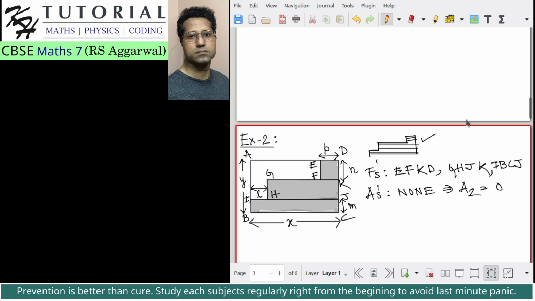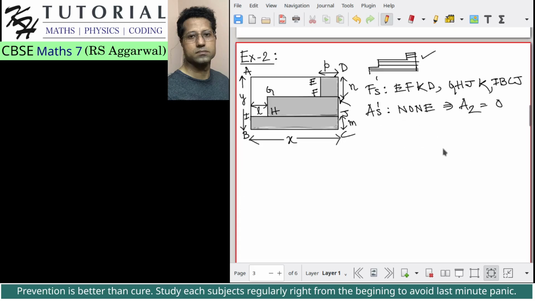What was A2? A2 was the sum of A into n minus 1, where A was the area of a sub-region and n was the number of figures from F's having that common sub-region. So in this case A2 will be 0.